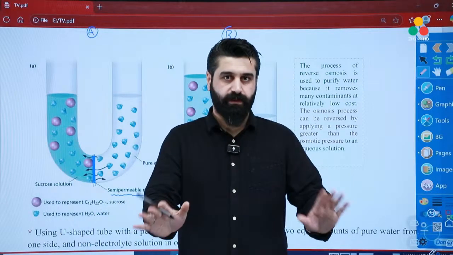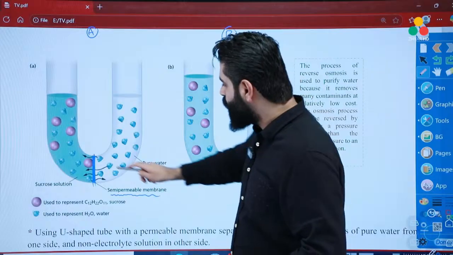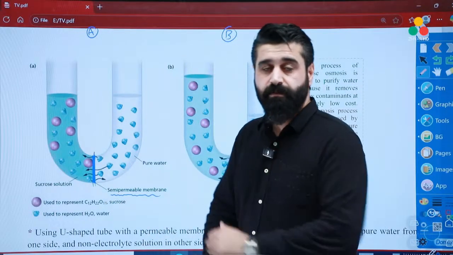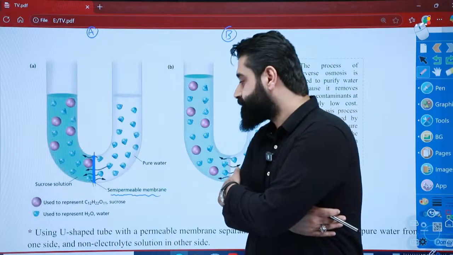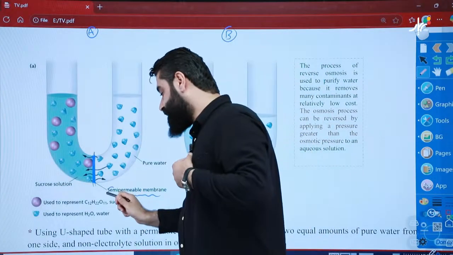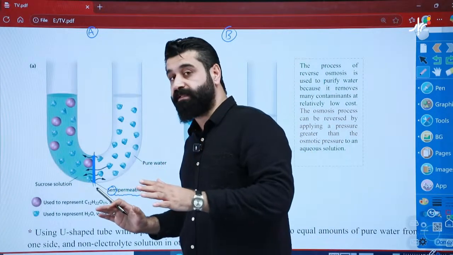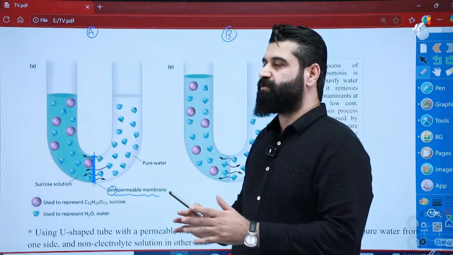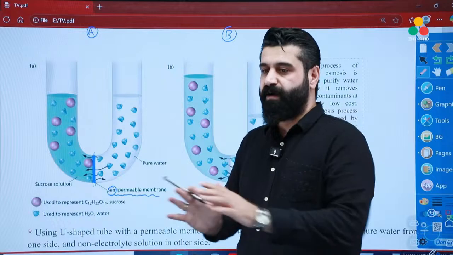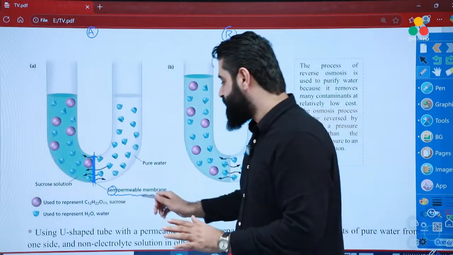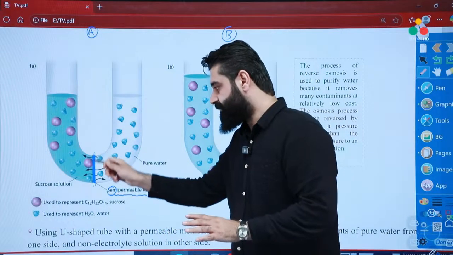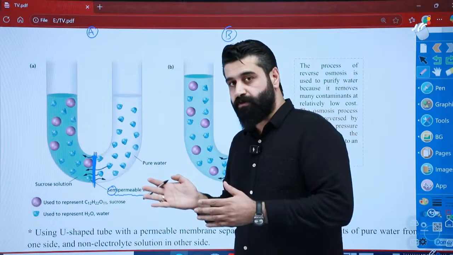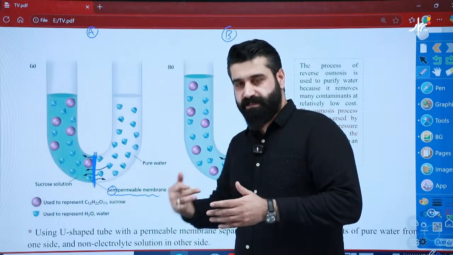Good. Then, what is the semi-permeable membrane? The definition of the semi-permeable membrane is very important. The term semi means not completely, something that can do half by half. Semi-permeable means it's a membrane that allows the passage of some particles while blocking the others.